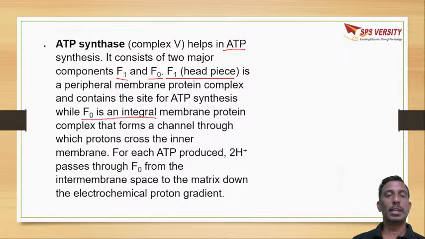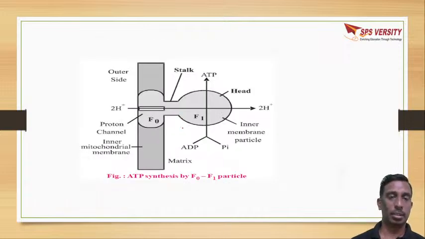F0 is an integral membrane protein, which is like a channel where protons will pass through. So diagram देख सकते. This is F0, which is just like a channel. This is F1, which is called head piece, where ATP synthesis होता है. So this is what finally happens in electron transport chain.